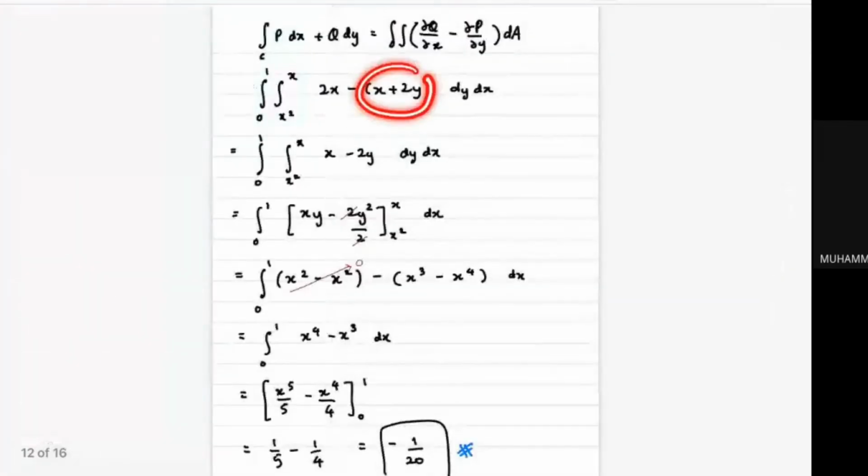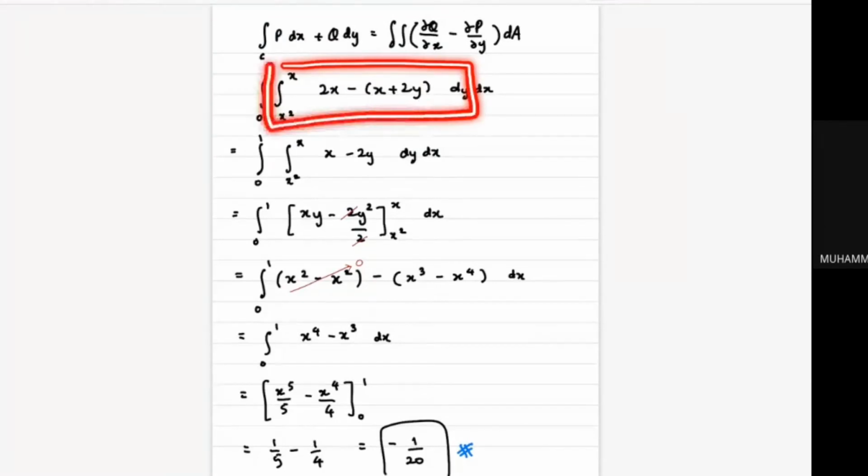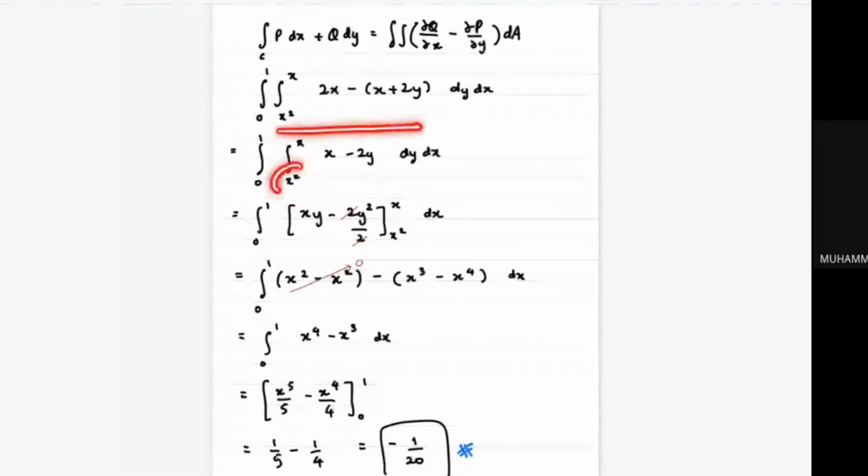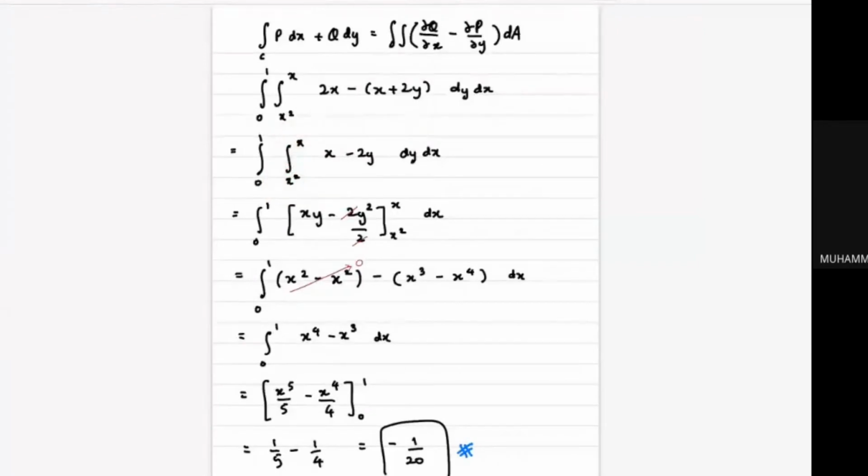Integrate with respect to y first, with y from x squared to x and x from 0 to 1. Integrate with respect to y, get this value, substitute your upper and lower limit, then you will get this answer.